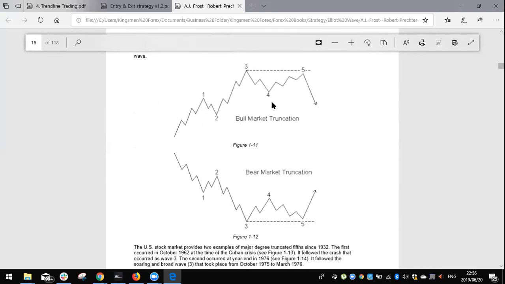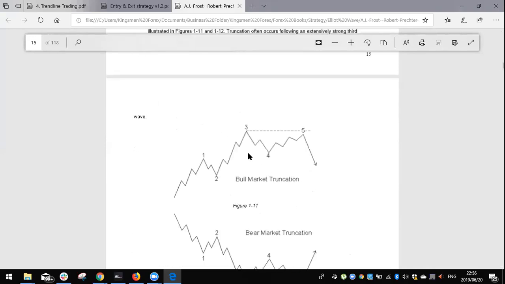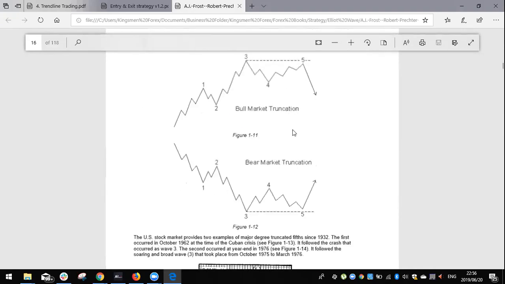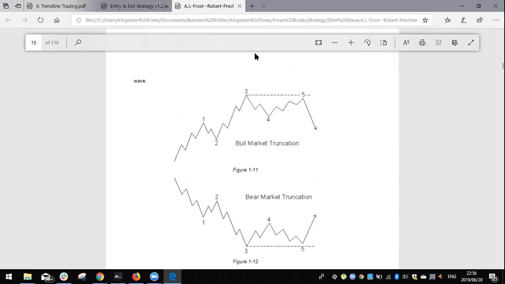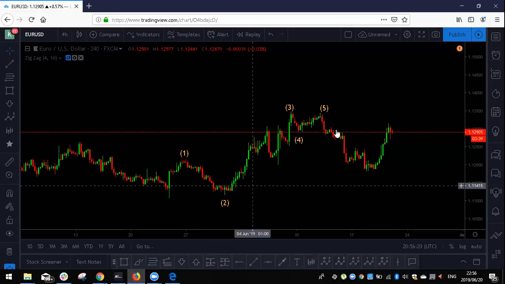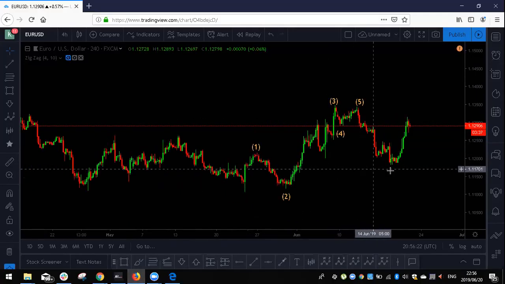Okay, here it is. You see that scenario? It's right there. So according to your numbering there, wave 5 is truncated.